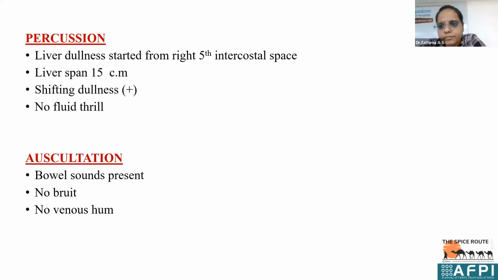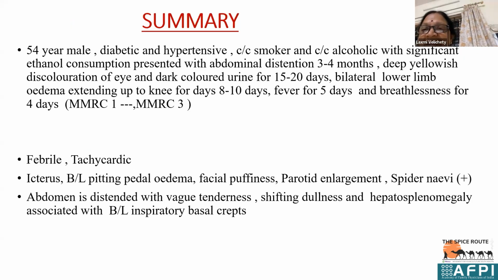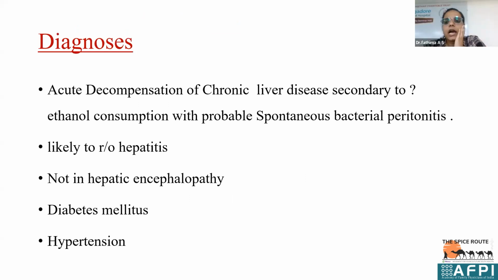Okay, ma'am. As sir has said, what is the final diagnosis? How will you present this case now? What's your final conclusion? My final conclusion is acute decompensation of chronic liver disease, most probably cirrhosis.